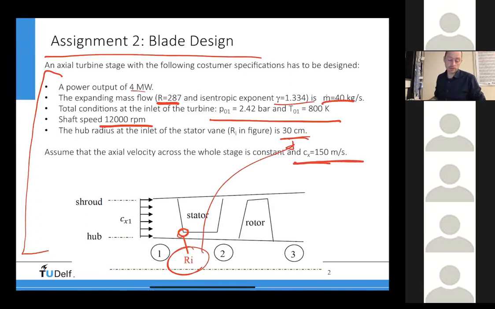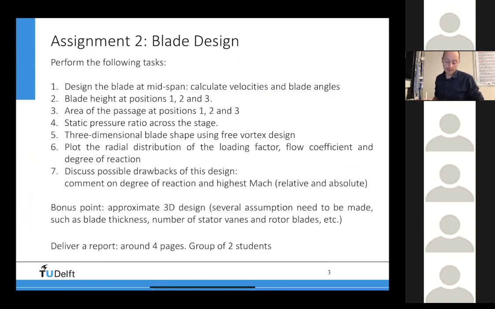With that, given the mass flow, you can calculate the density and the area. How high does this need to be in order to satisfy the mass flow? Then for the homework assignment you need to design the blade at midspan, of course.